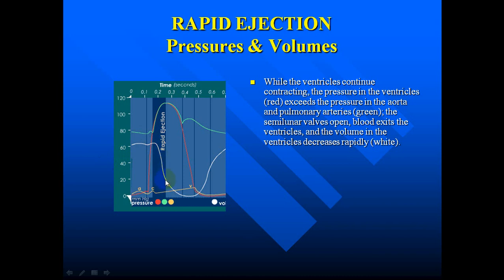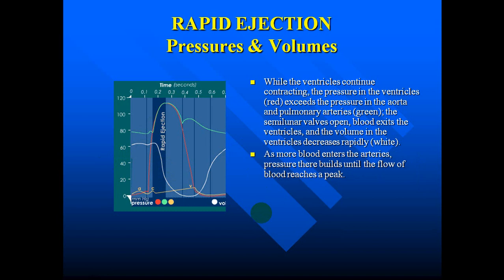About 70% of the blood is emptied in this rapid phase of ejection, while the remaining 30%, as we said, is ejected in the middle and late thirds of ejection. As more blood enters the arteries, pressure builds there until the flow of blood reaches a peak. The pressure in the arteries will even reach 120 during rapid ejection.